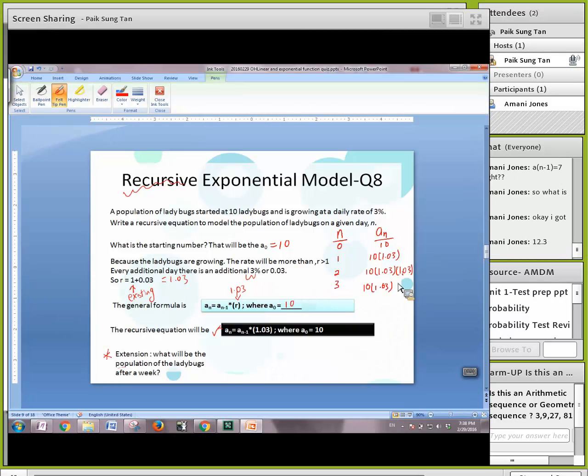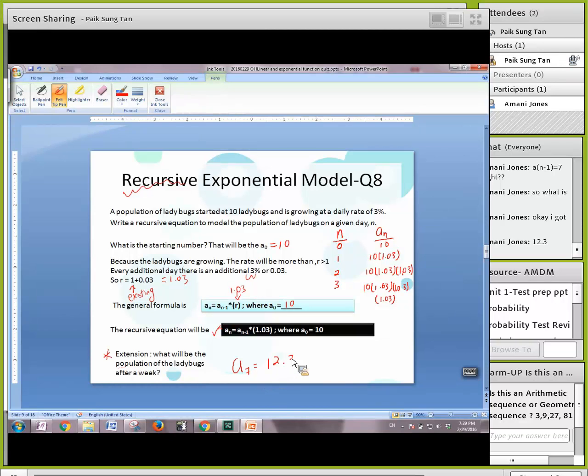So for 3, you got 10 times 1.03 times 1.03 times 1.03, 3 times. And then for 4, you multiply it 4 times. Yes, that's correct. 12.3 is the correct answer.